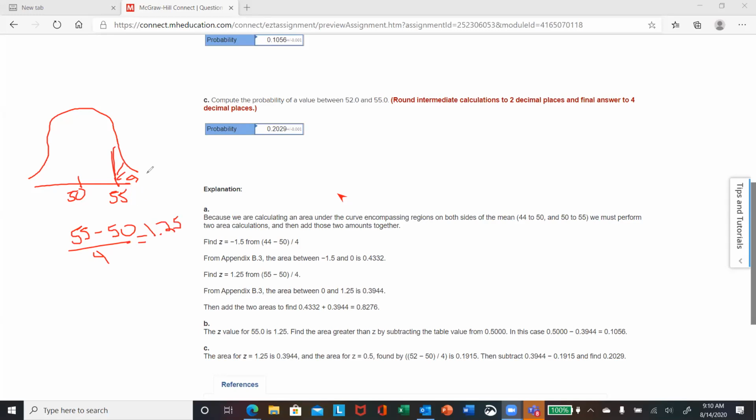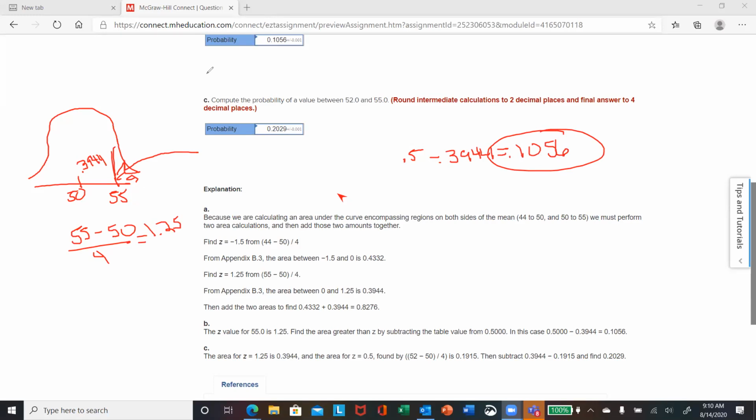If you look up 1.25 in your table, it's going to give you 0.3944. And to get to the right, you simply take 0.5 and subtract out that 0.3944. And that's going to give you 0.1056. That would be the area to the right of that z-value.